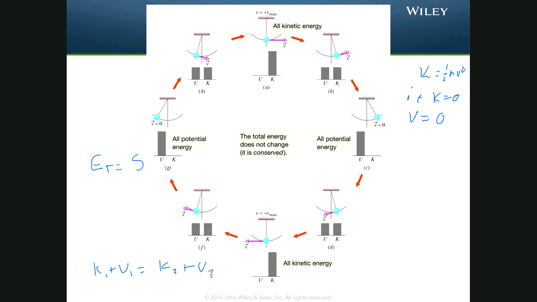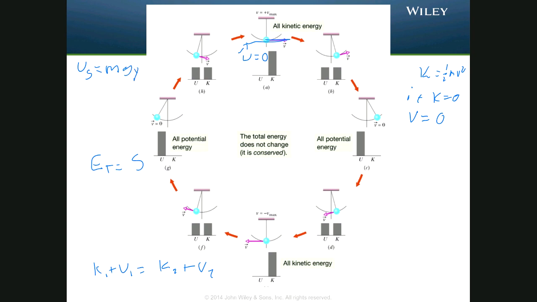Oh, why is U max at the top? Well, I thought I answered that. Now I realize I didn't understand your question. I thought you were talking about the coordinate. So remember the gravitational potential energy: when we pick the lowest spot, right here, as U equals 0, that's our convention, and U_G, gravitational potential energy, equals mgy.